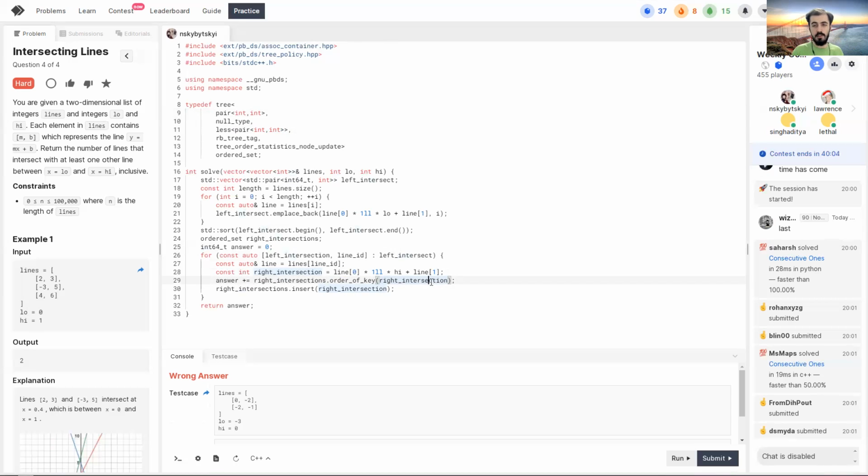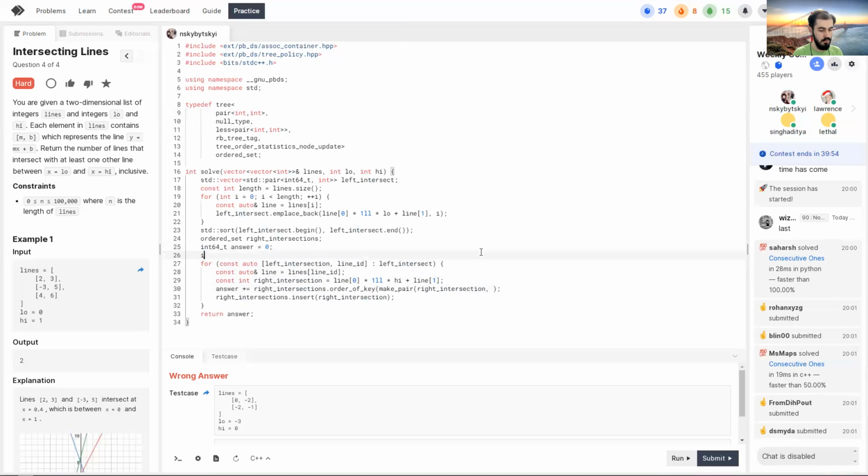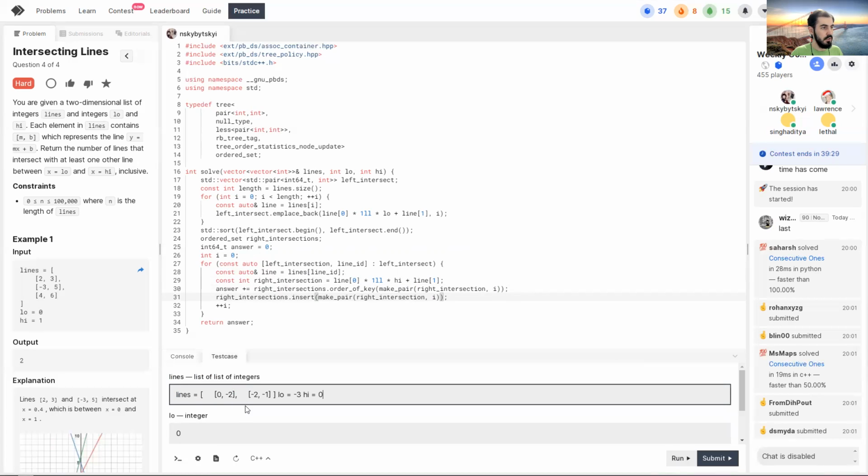So the previous one gets counted as follows. We pair the right intersection and, yeah, we just need this kind of ID here. Insert, and here everything with the same coordinate but inserted before will count. -3, 0.